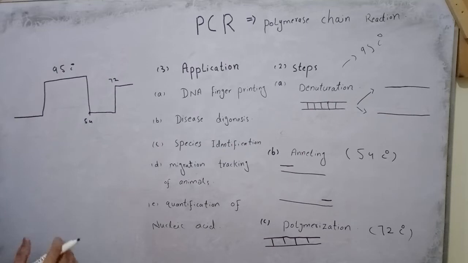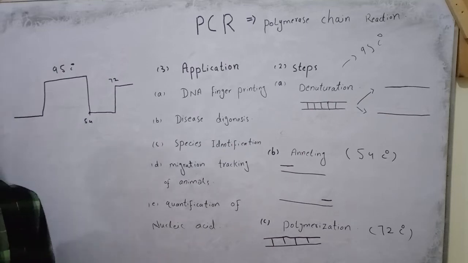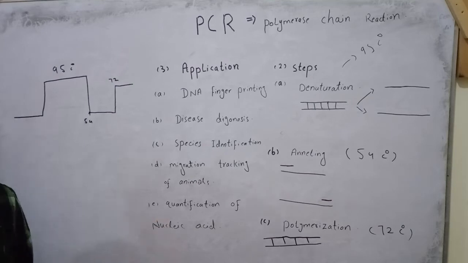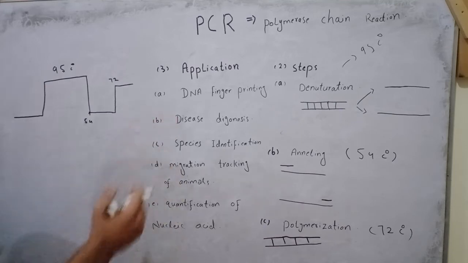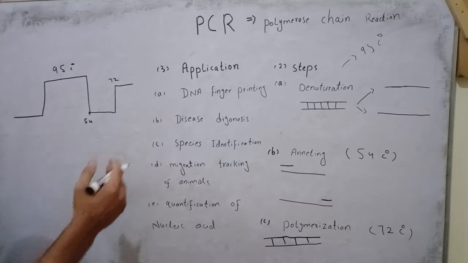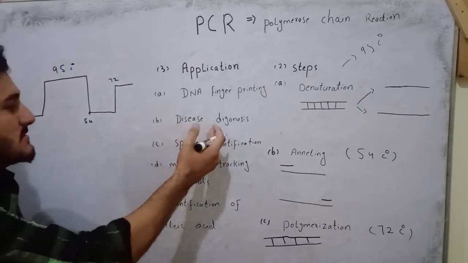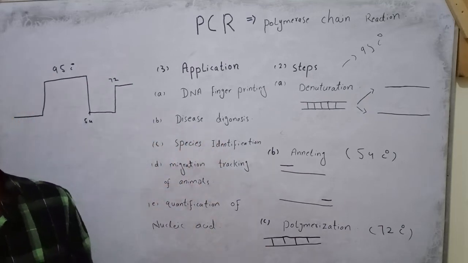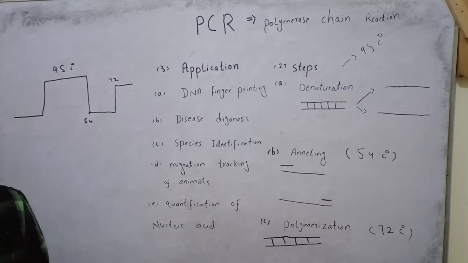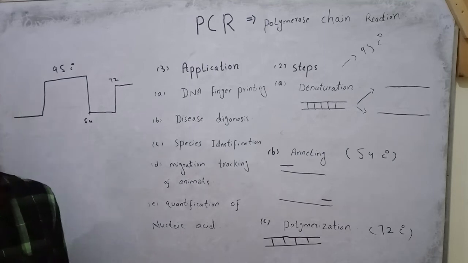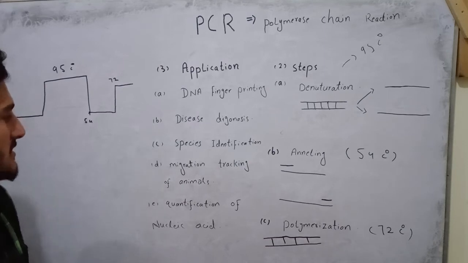Now let's go to the applications of PCR, that is, in which areas we use the polymerase chain reaction. The first application of PCR is DNA fingerprinting. In DNA fingerprinting we use the PCR process. In disease diagnosis, we can diagnose different types of diseases like hepatitis B virus, COVID, coronavirus, and other diseases.